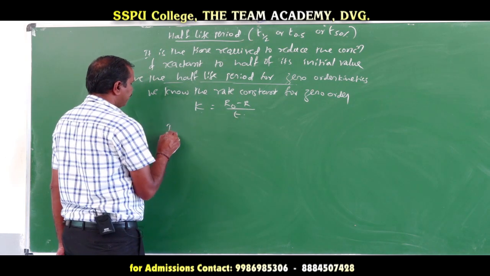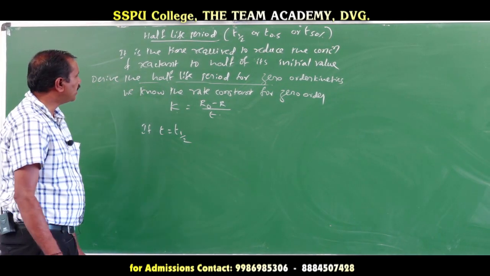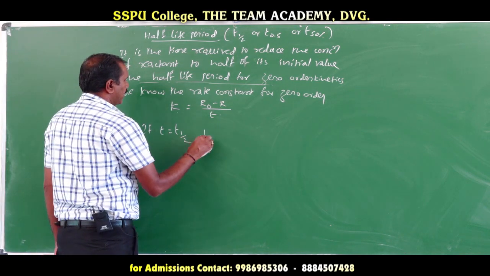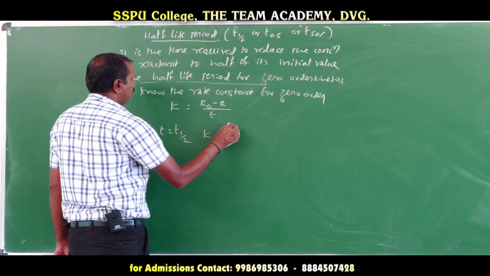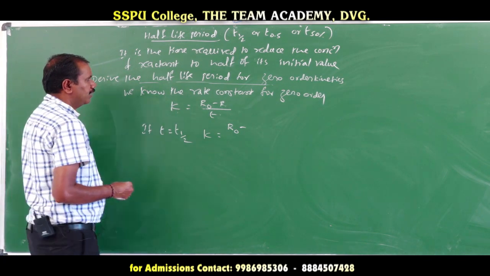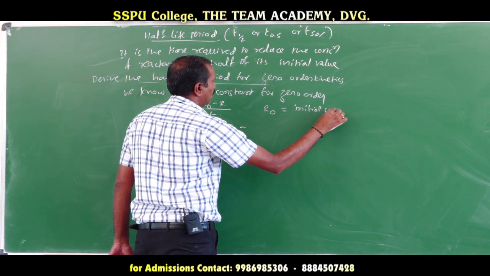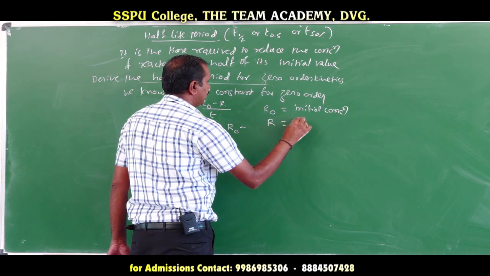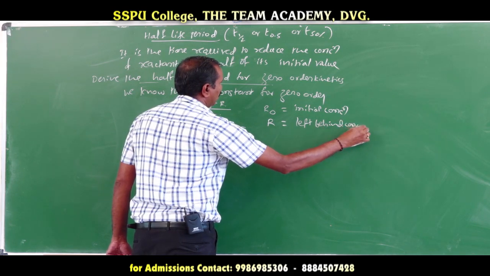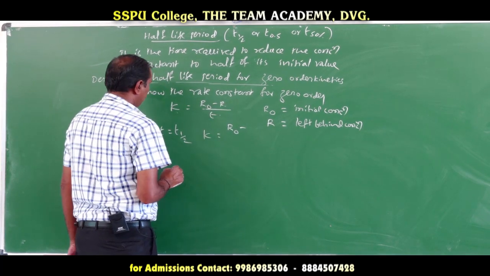If t becomes t half, that is, if we are reducing the concentration of reactant to half of its original value, then K becomes R naught minus R, where R naught is the initial concentration and R is the left behind concentration.